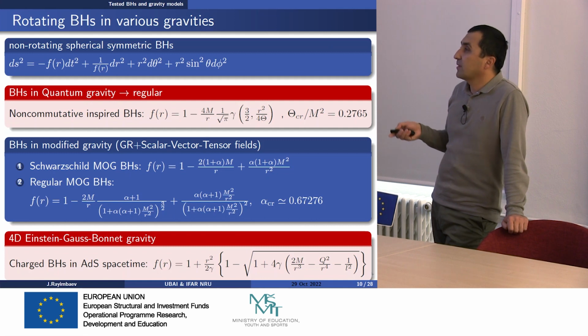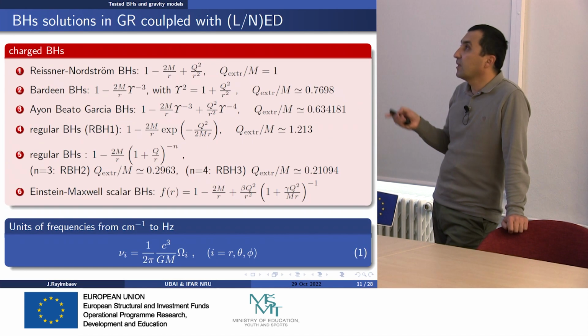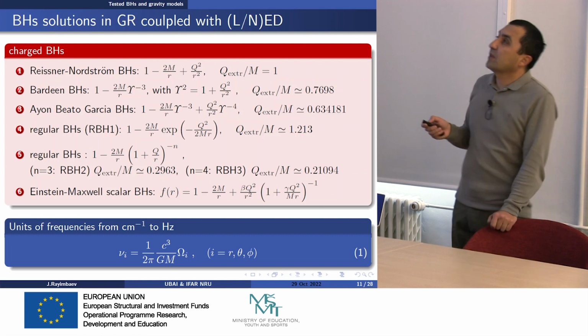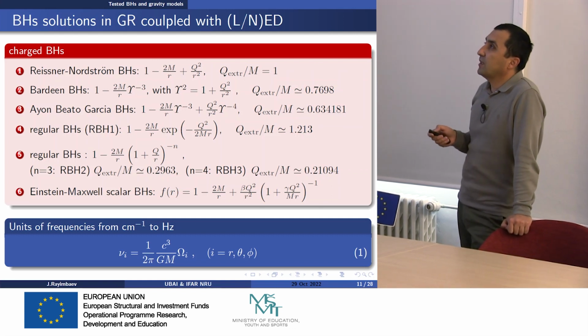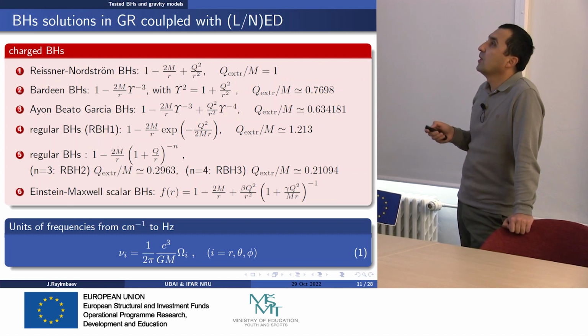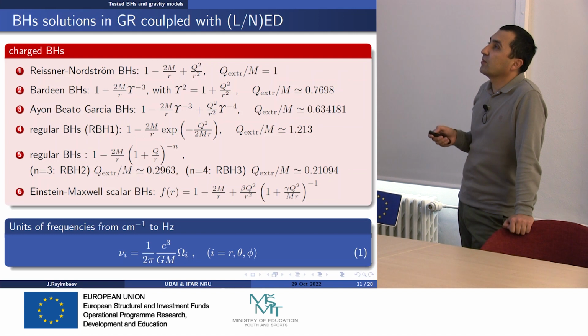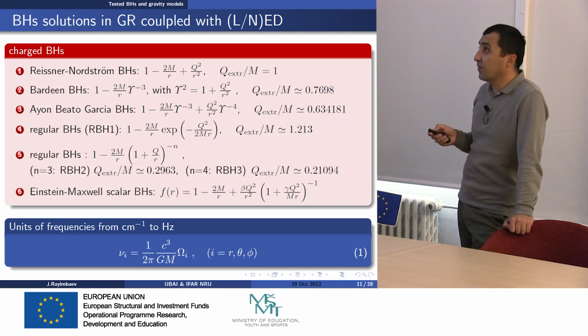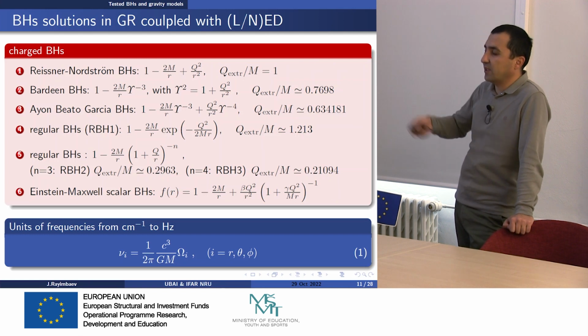Here the parameter is the AdS radius parameter, and some charged black hole solutions: Reissner-Nordström, Bardeen, and Ayón-Beato-García, a regular black hole I don't know the name of, and the second regular black hole. And this solution is obtained by Babur Tashmatov, our colleague. So it has some degree of nonlinearity.